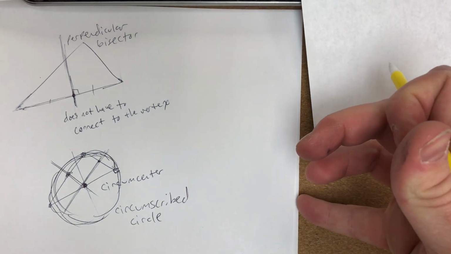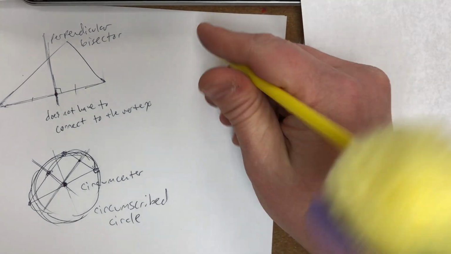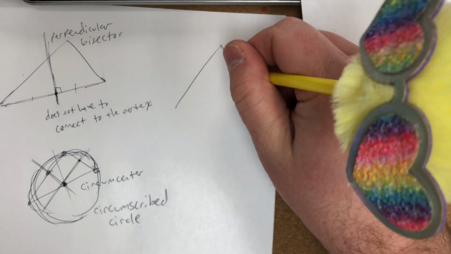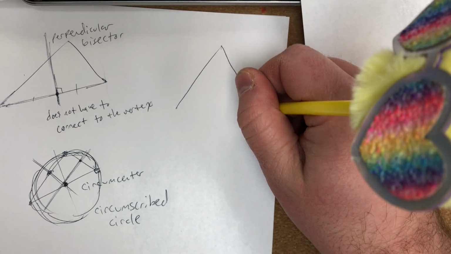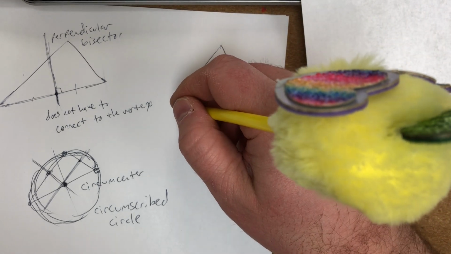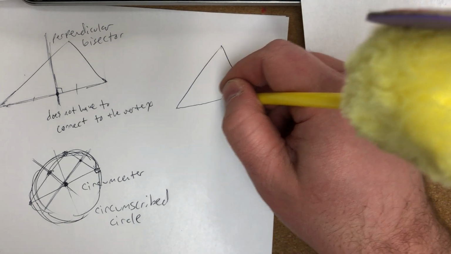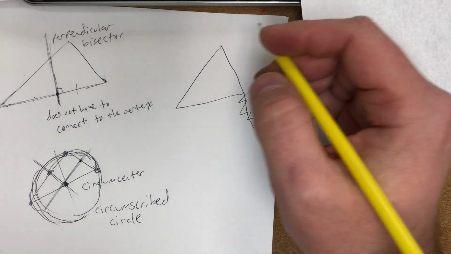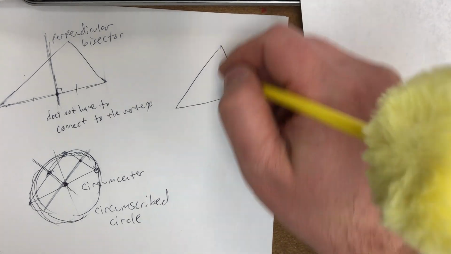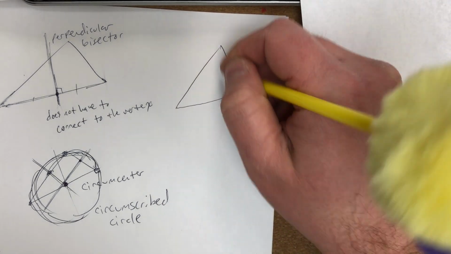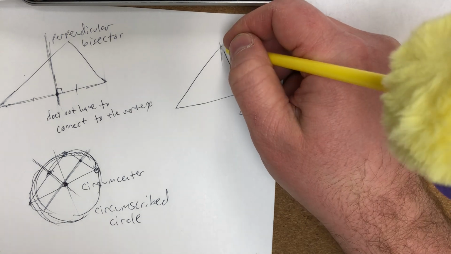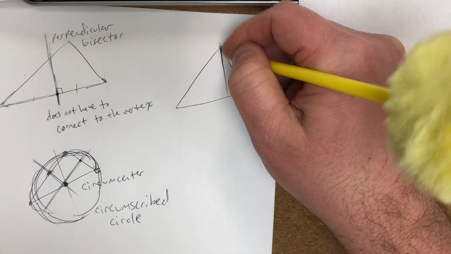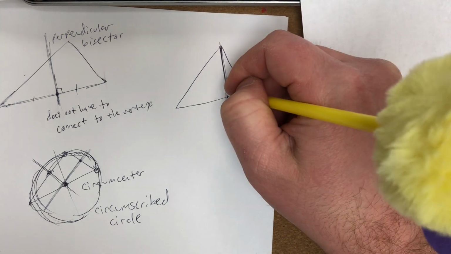So our final form that we are looking at today is, let me draw a, okay, I'll do that. Okay, so the last one we have to draw is called an altitude, and that is where you pick a side and you find where you can connect with the opposite angle at a right angle.